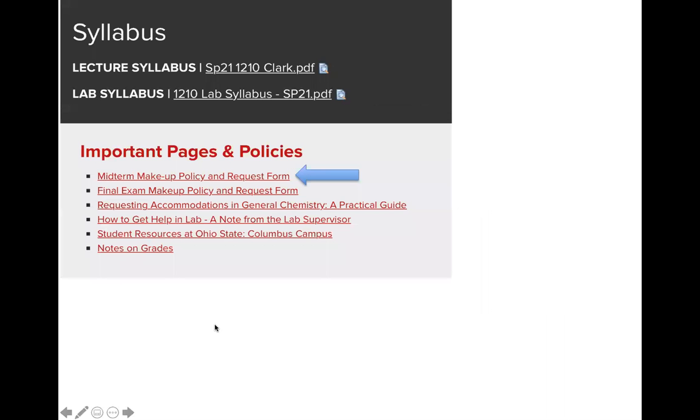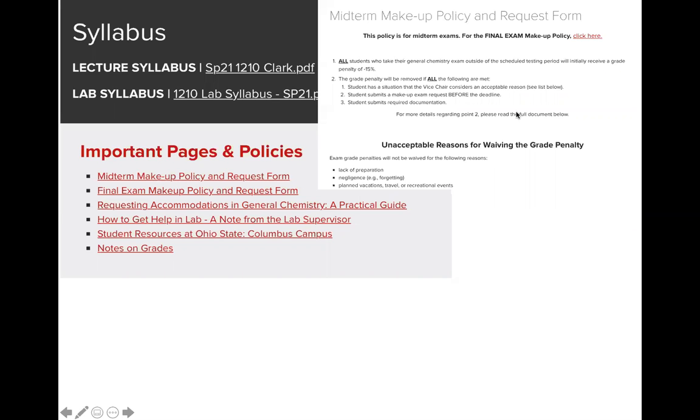Now, couple details then. So first of all, if you know that particular time slot next Monday night and you have a conflict for it, what you want to do is look on the syllabus. You can see this link for the makeup policy for midterms. When you click on that, it'll give you information about what makes for an excused absence.